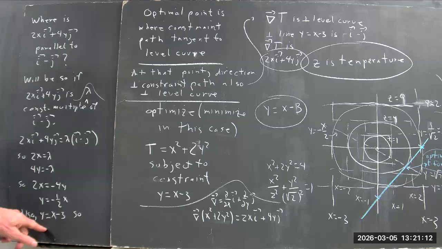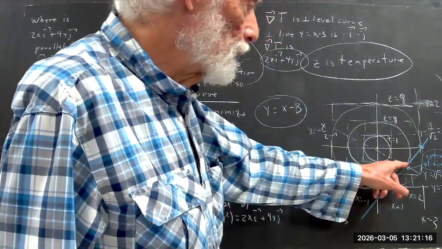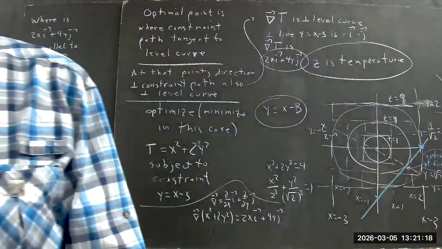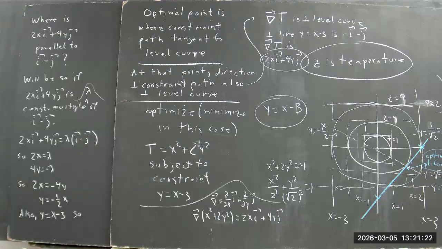Well, also, y has to equal x minus 3 because you've got to be on this constraint path. So you're going to be able to find this point. You've got two simultaneous equations to solve for x and y.